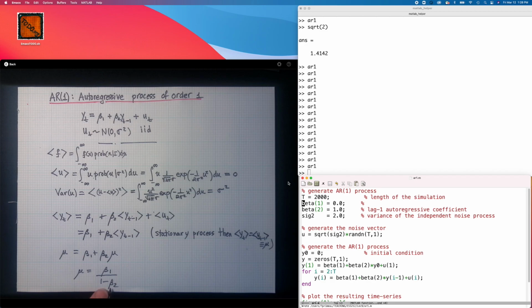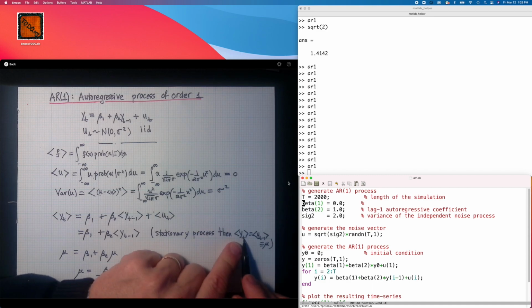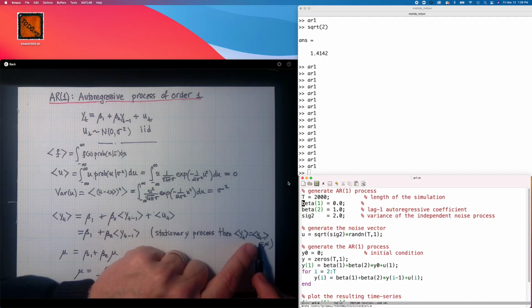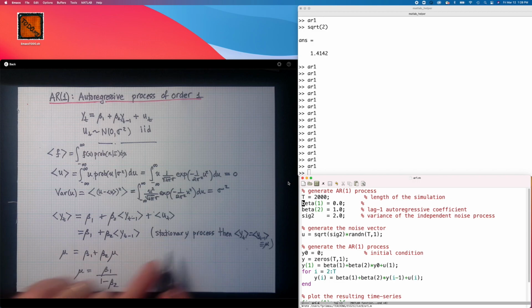But that's not the case, because when we tried it, when beta 2 is greater than 1, we had explosive growth. So if beta 2 is greater than 1, the expected value of y at time t was certainly not equal to y of t minus 1. So it wasn't stationary when beta 2 is greater than 1. So this is provided beta 2 is less than 1.